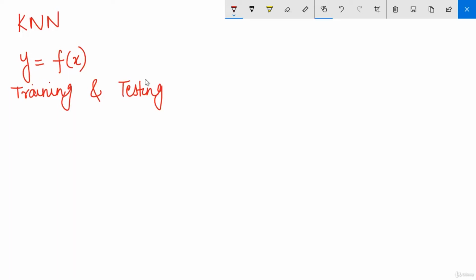We provide that to our algorithm, and it gets trained by itself by its own intelligence. And then during the testing phase, we provide only the x part, and as it gets trained, it provides us the best prediction of the y. This is how we do that.